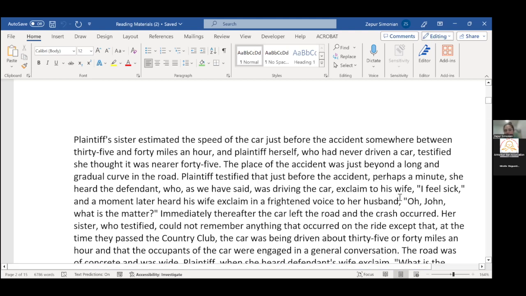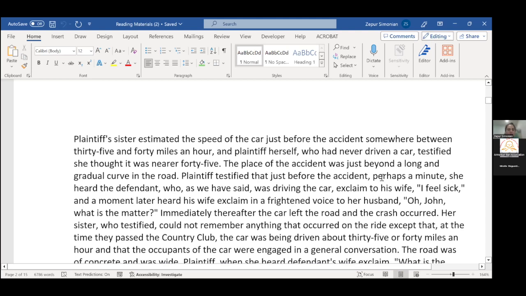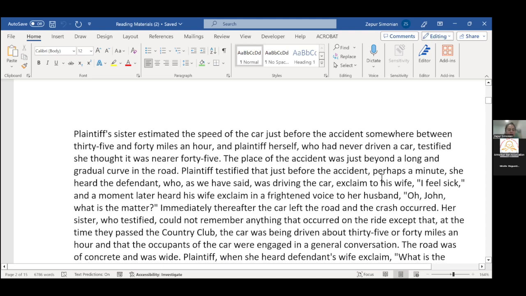Especially since he said he feels sick. So pretty much what I'm trying to figure out now is, did the sickness contribute to the accident? Or did he have control over his faculties and his motor skills to cause the accident?